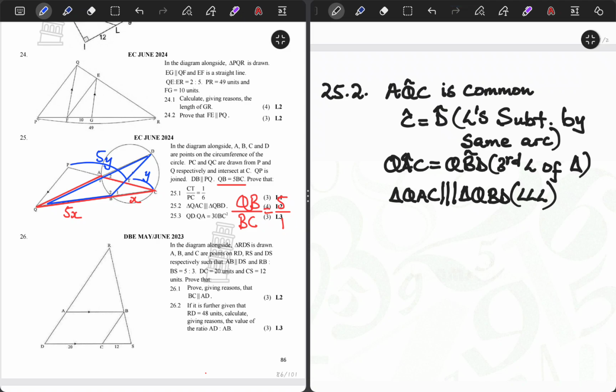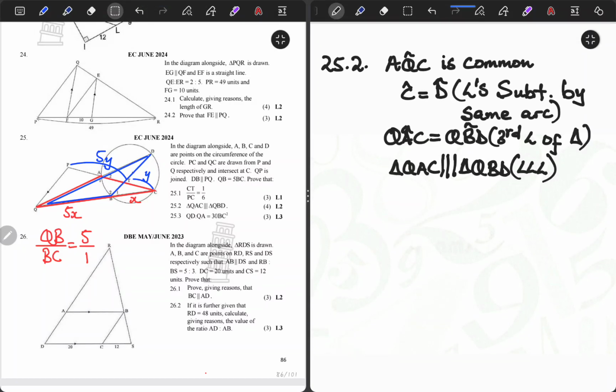Now let's move on to the challenging one. The challenging one is the last one, 25.3.